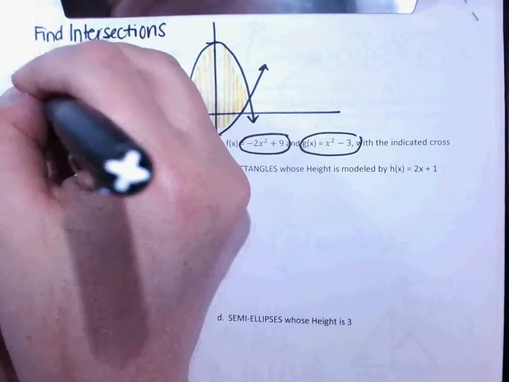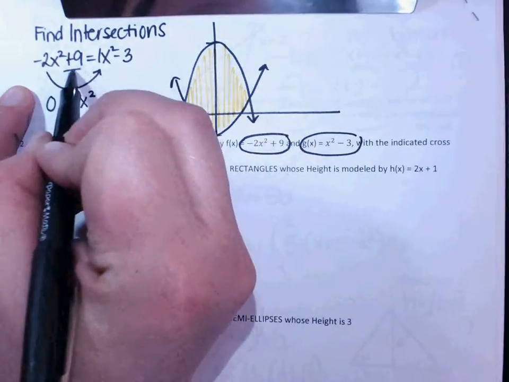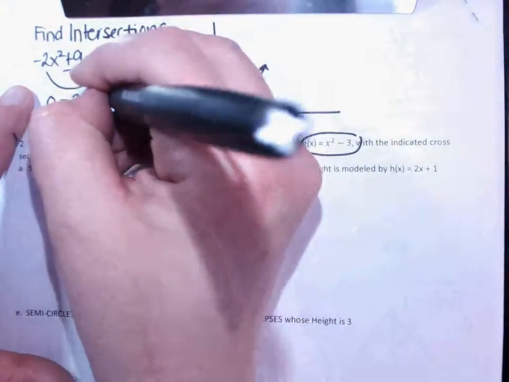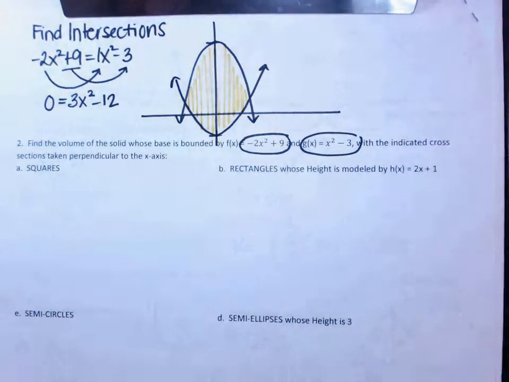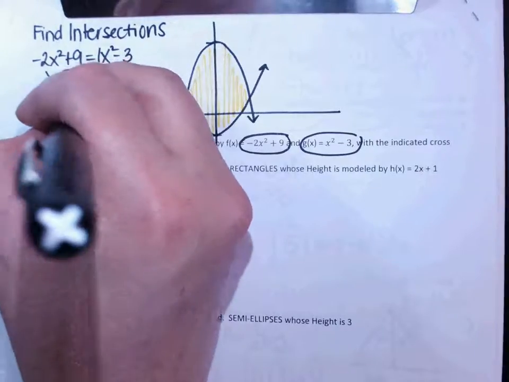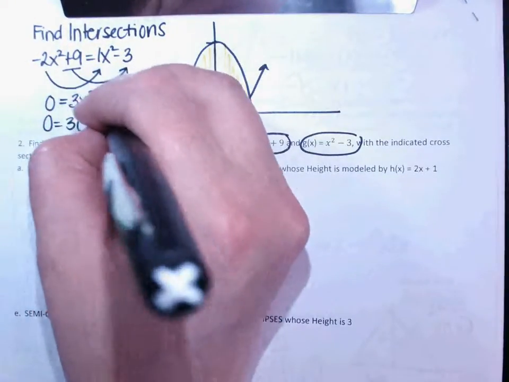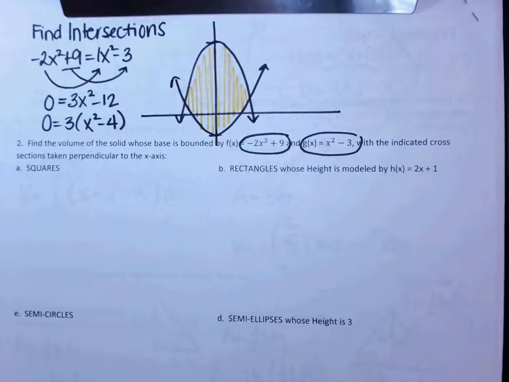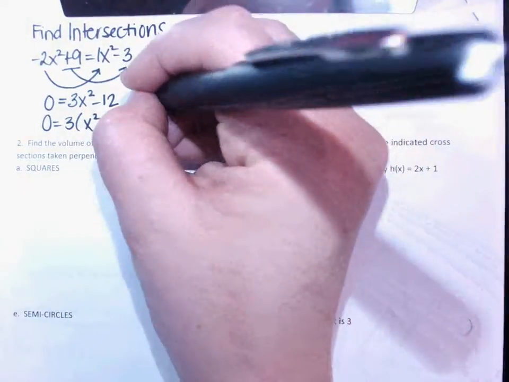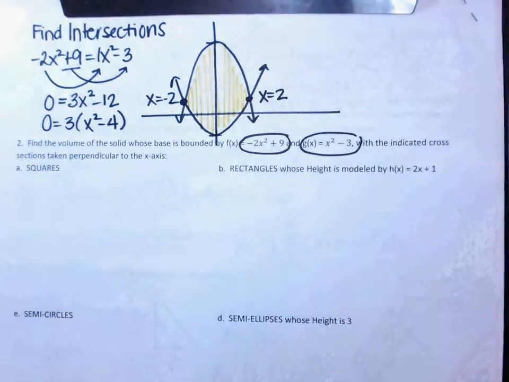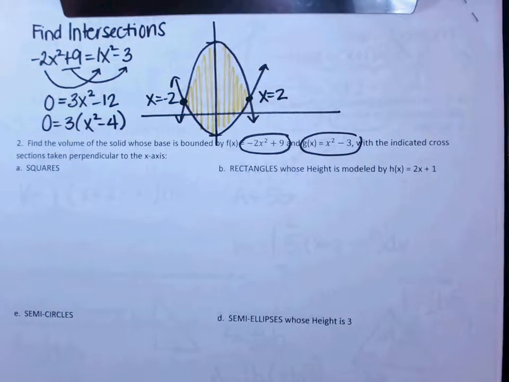Then with my 9, I have a 9 here, so I'm going to have to minus 9 from negative 3. What will I get? Good. What can I factor out of that? 3. And that would give me x squared minus 4. So hopefully we can solve from there. Where are my intersections? Negative 2, positive 2.